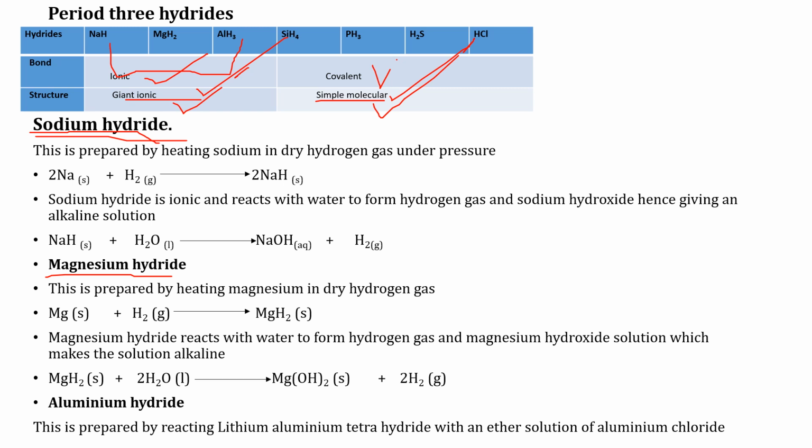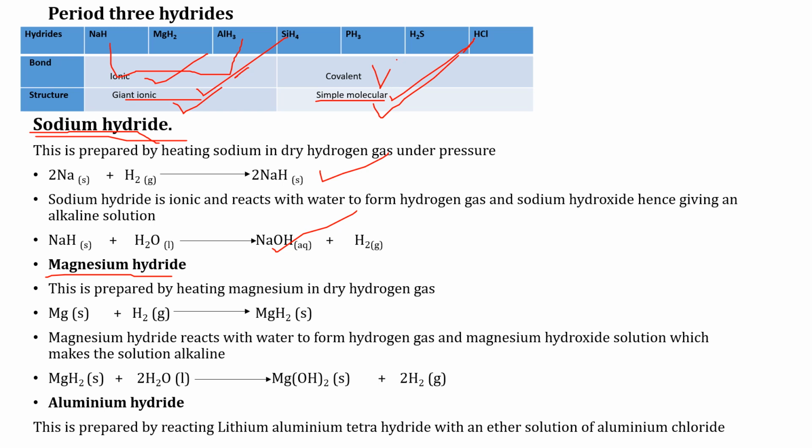So sodium hydride is prepared by heating sodium in hydrogen gas, and the hydride is ionic, therefore it dissolves in water to form sodium hydroxide and hydrogen gas. Similar applies to magnesium. To prepare it, you need to heat magnesium in dry hydrogen gas.